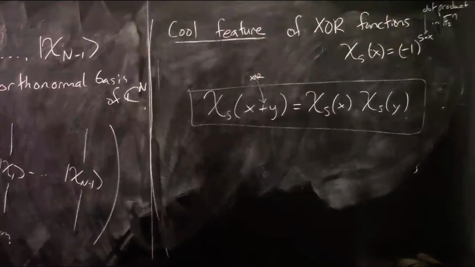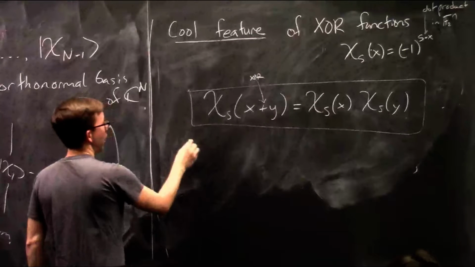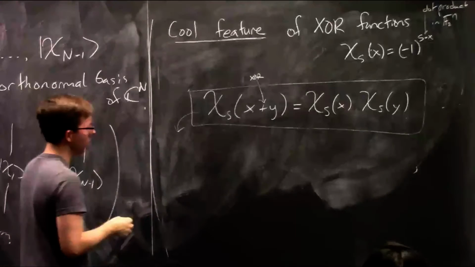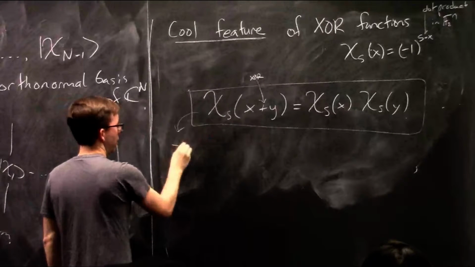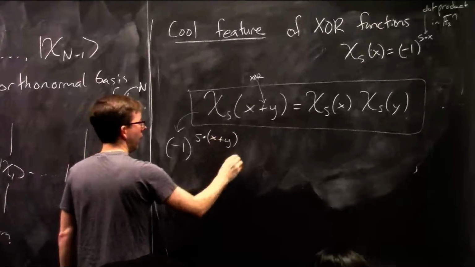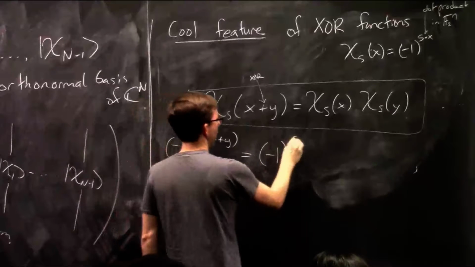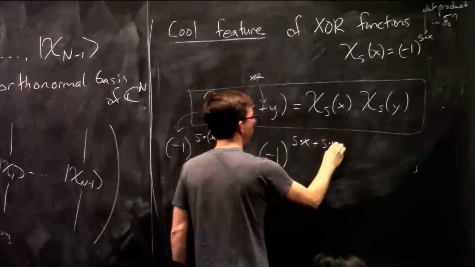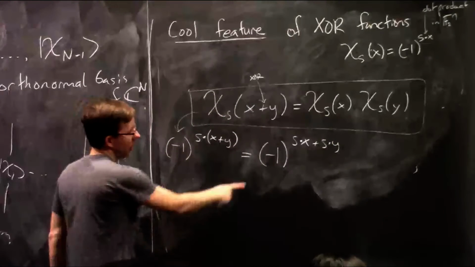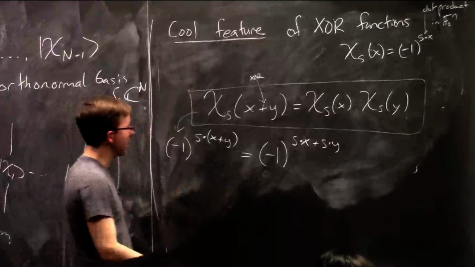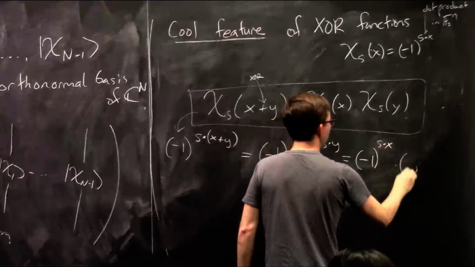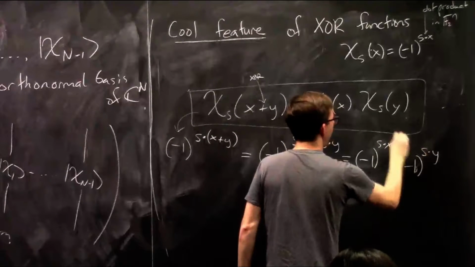First let me show you why that's true. We never really use this feature of these XOR functions explicitly. But by definition, this is -1 to the s dot product x plus y. And the dot product is linear, so this is -1 to the s dot x plus s dot y. This is still mod 2 in the power, but if you're raising -1 to something, it only matters if it's even or odd. So then this is -1 to the s dot x times -1 to the s dot y, and that's this.